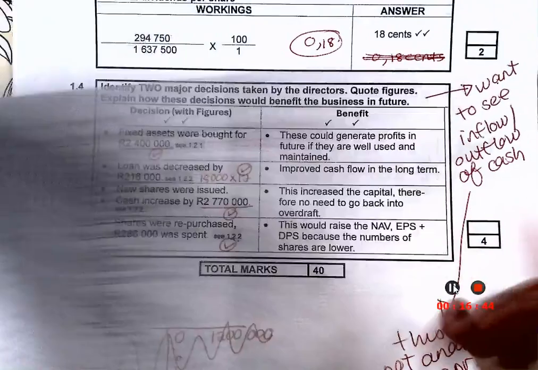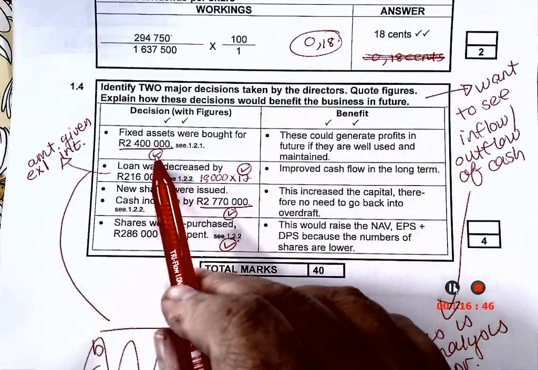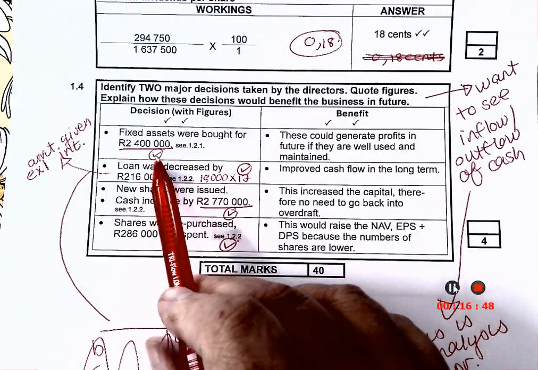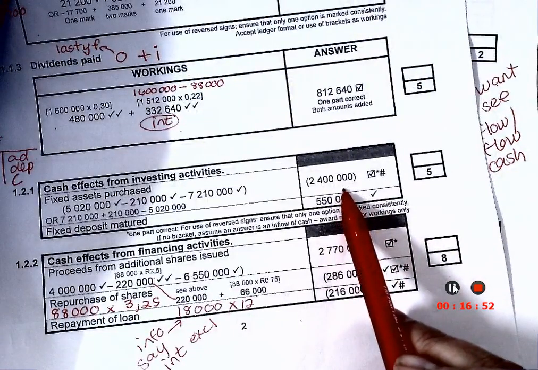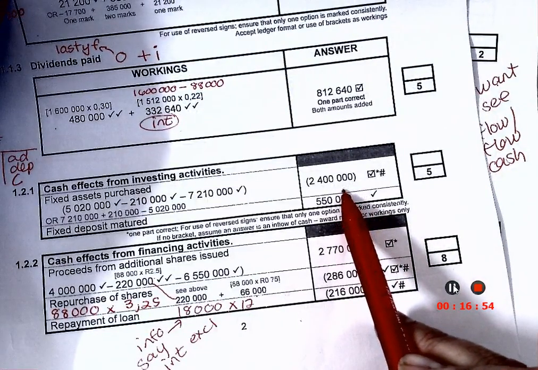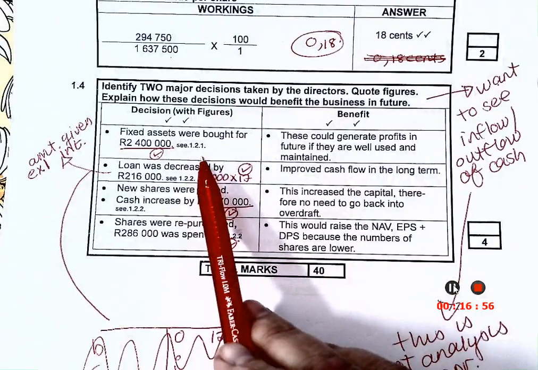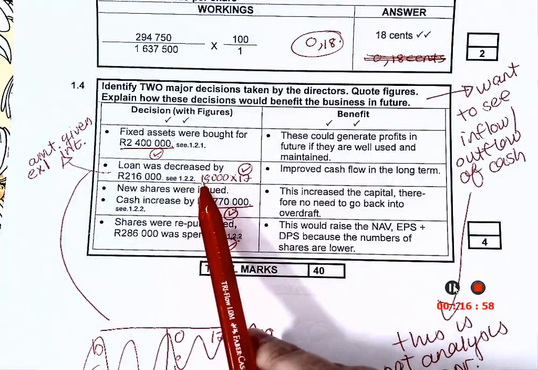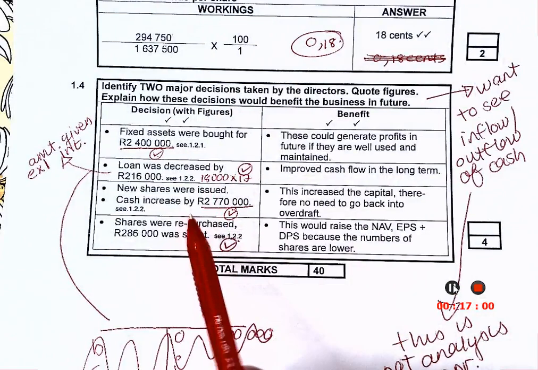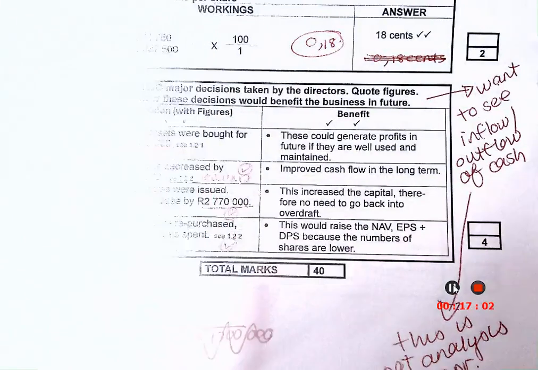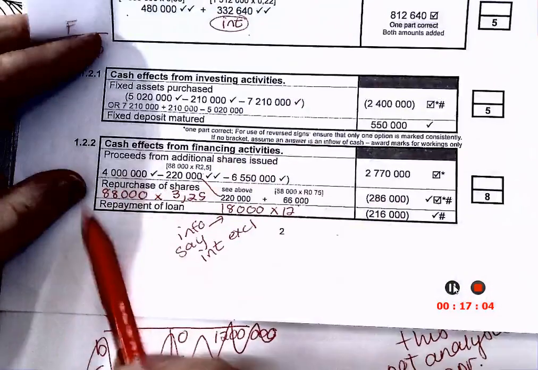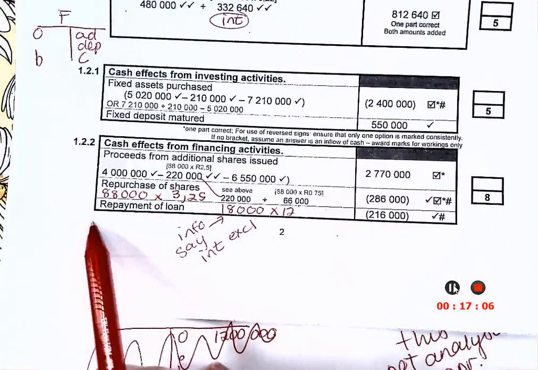So in other words, I had to go look at your answer here. I had to see, did you transfer this answer? 2.4 million was purchased. The loan decreased so much. Oh, we never did the loan. Attention deficit. This repayment of loan.